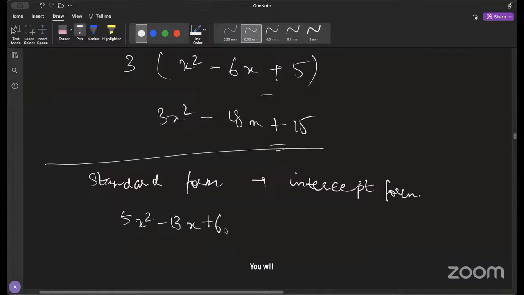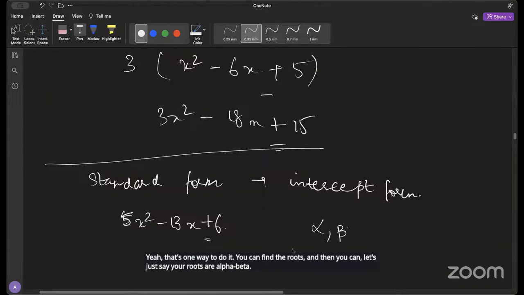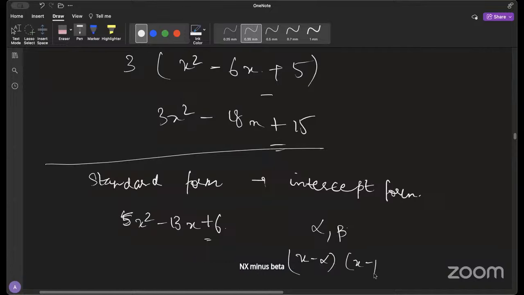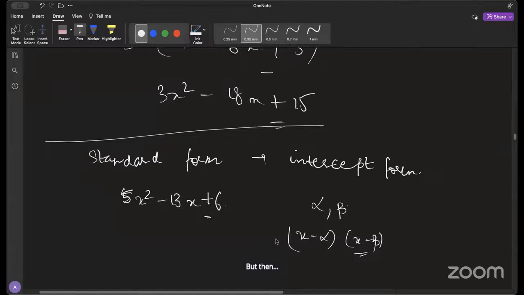We will find the roots of the equation. Yeah, that's one way to do it. You can find the roots, and let's just say your roots are alpha, beta. But the problem here is you'll do x minus alpha and x minus beta, right? But then 3 alpha, 3 beta is also a root of this thing, right? So you would not know the coefficient here.